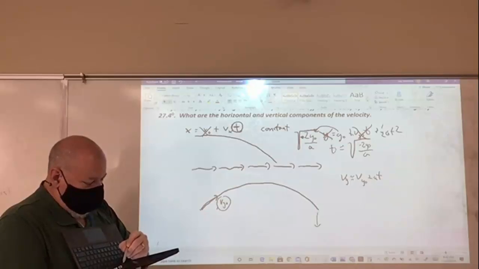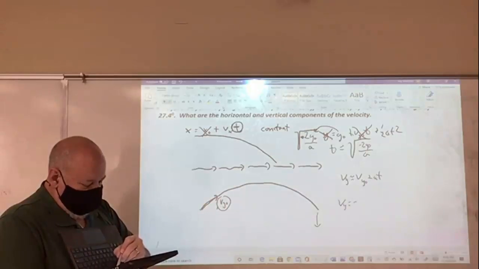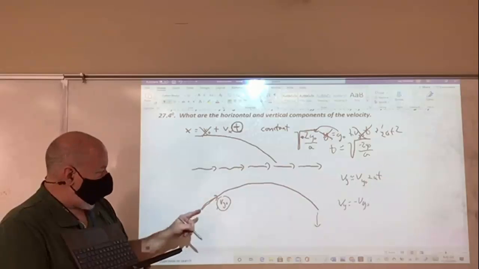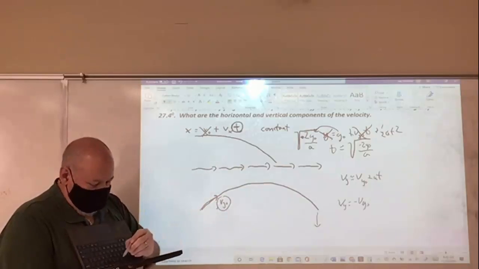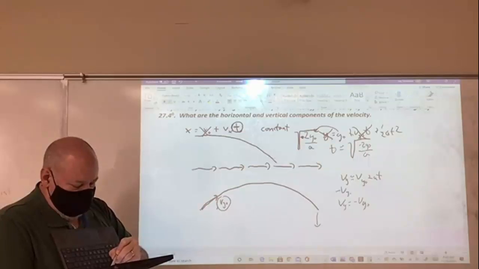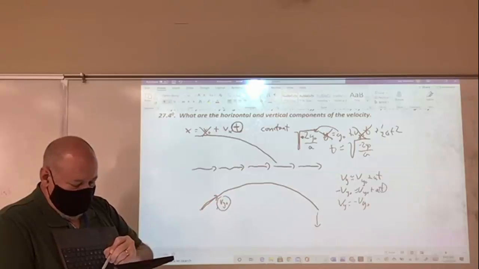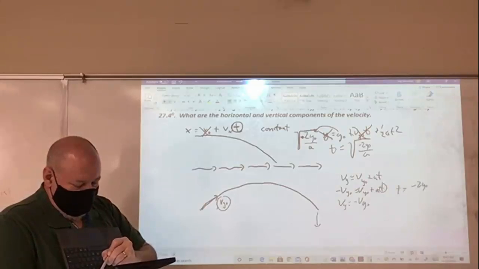And since I know that Vy equals the opposite of the initial velocity, I can substitute that in. I can say negative Vy0 equals Vy0 plus AT, and then I can solve for t again, and that's going to turn out to be t equals negative 2y0 over a.